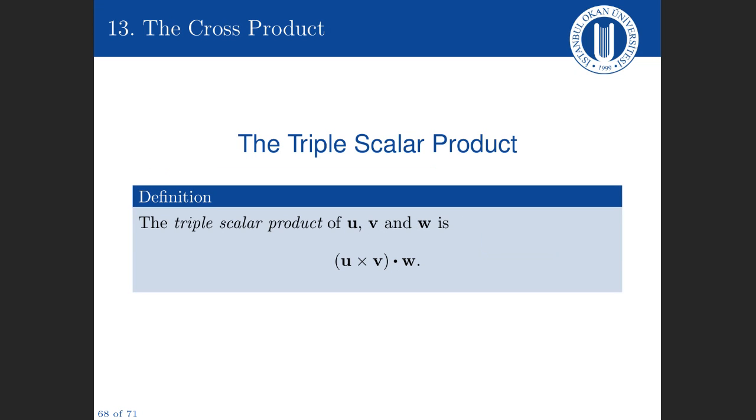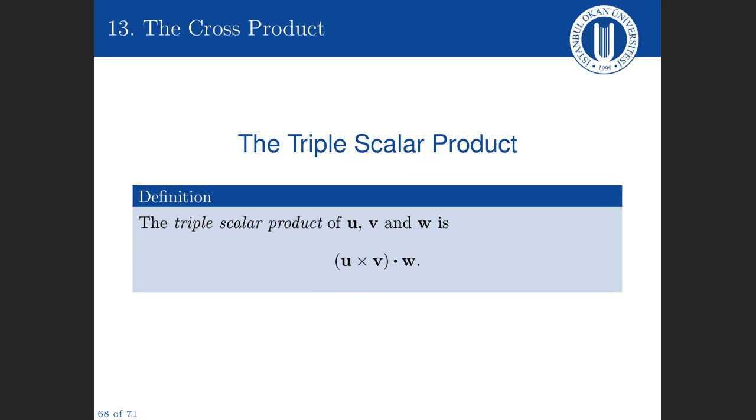Final idea for today is the idea of the triple scalar product. This is a way to use both dot product and the cross product. Scalar product of u, v and w, in this order: first u, second v, third w. Triple scalar product is u cross v dot w. Now, let's think about this. Does this make sense? u is a vector and v is a vector.